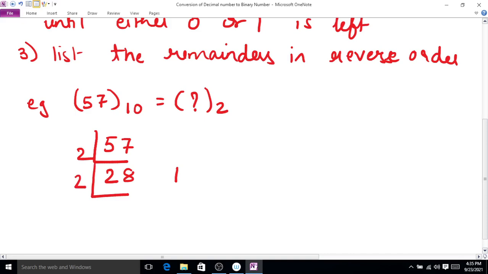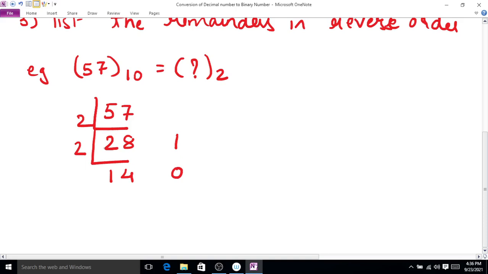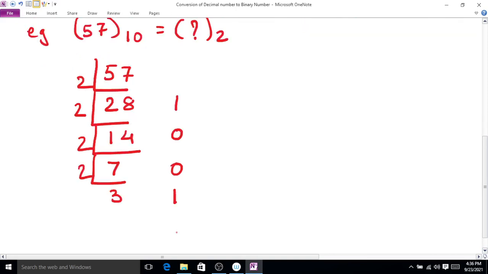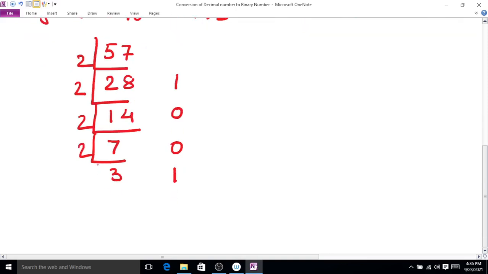Again divide 28 by 2. So we will get remainder 0. Again divide 14 by 2, we will get 7 here and remainder will be 0. Again divide 7 by 2, we will get 3, 2 3s are 6, that will be 1. Again divide 3 by 2, we will get 1 over here and remainder will be 1.